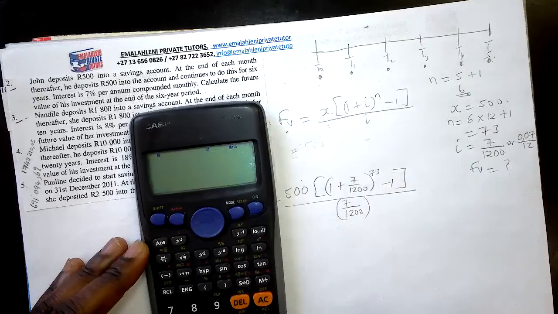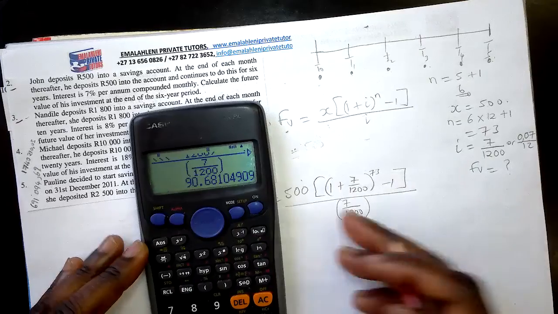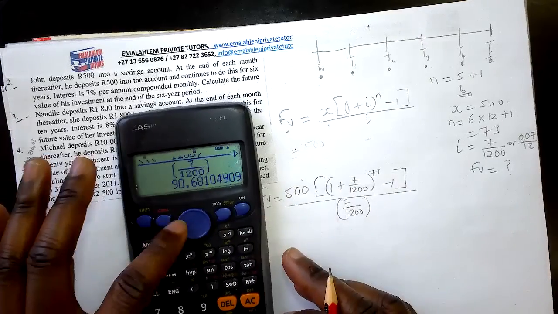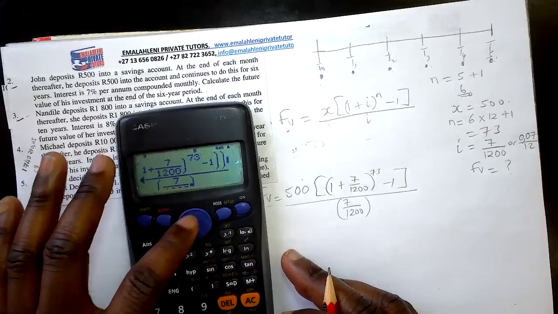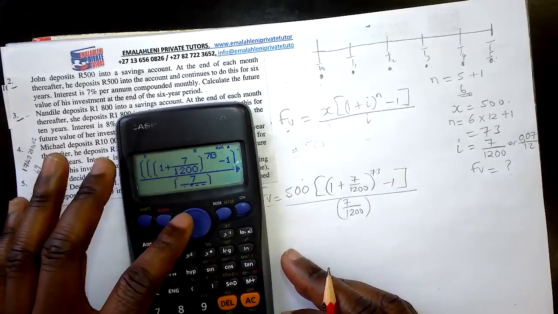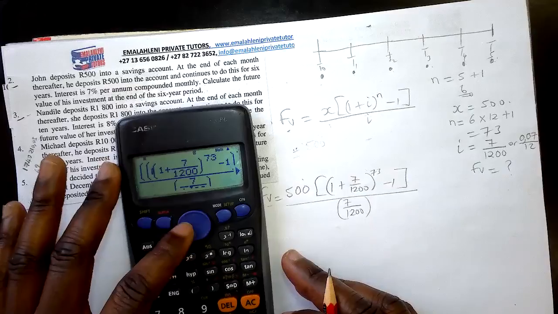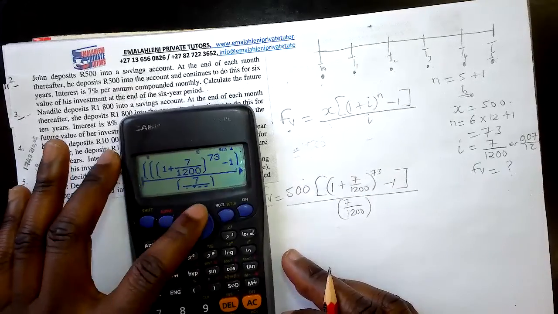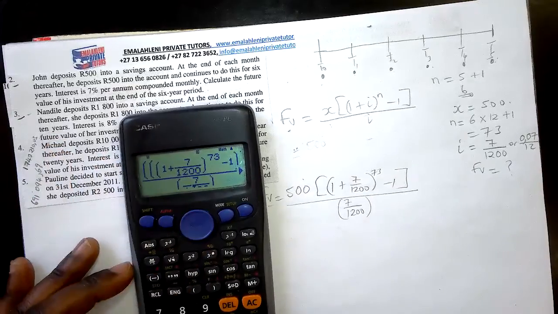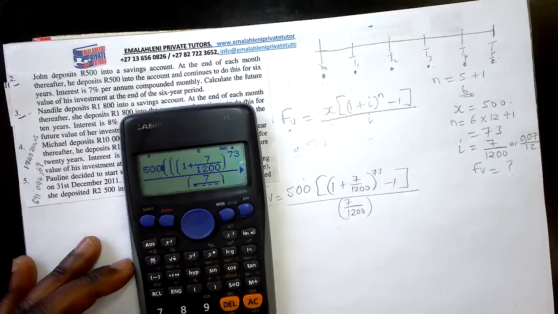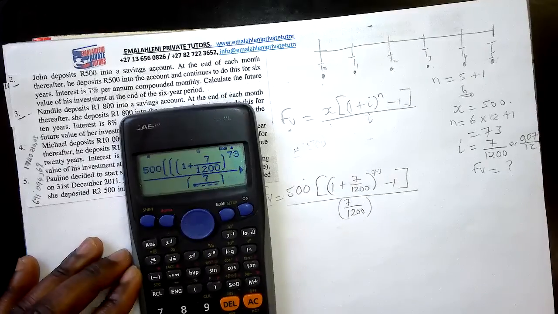Then what do we get there? We get 90. Did I put 500 there? Let me check. I didn't put anything there. Okay, forgive me for that. 500, the amount that we are paying.